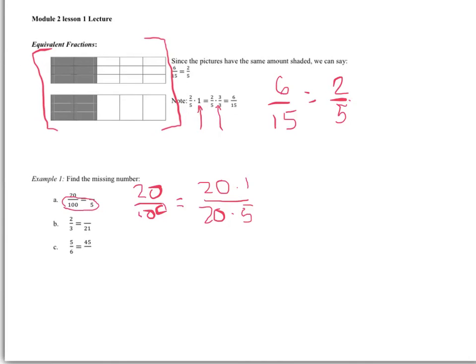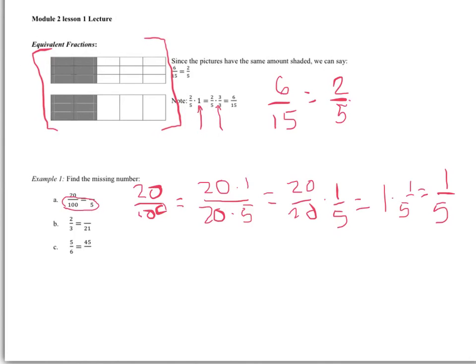And then, kind of going in the reverse of what we have above, 20 over 20 times 1/5 is equal to 1 times 1/5, which is equal to 1/5.